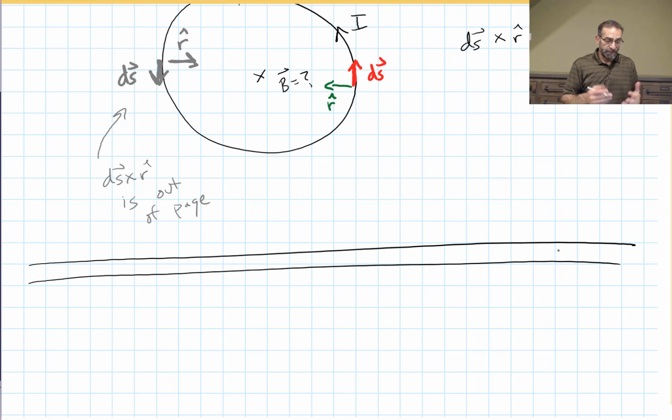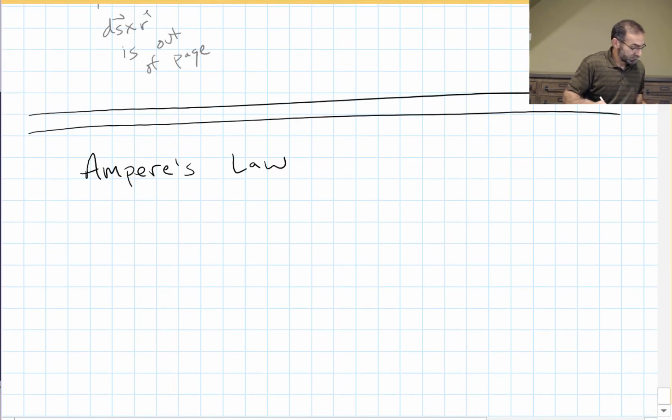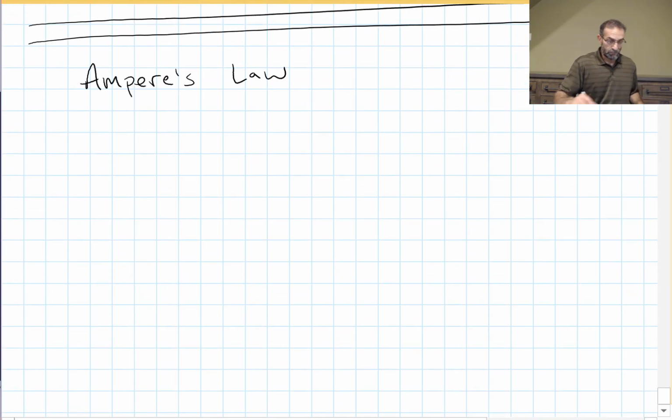We have Ampere's law. And again, it only helps us in a few cases, but in those few cases, it's really helpful. So let's take a look.